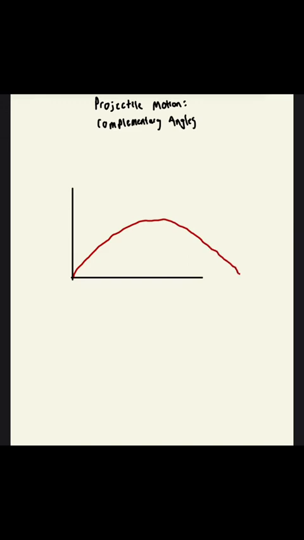Okay. Now, the launch point, so this point here, the object, let's say it's a golf ball, the golf ball has to have an initial velocity. Now, an initial horizontal and an initial vertical velocity.